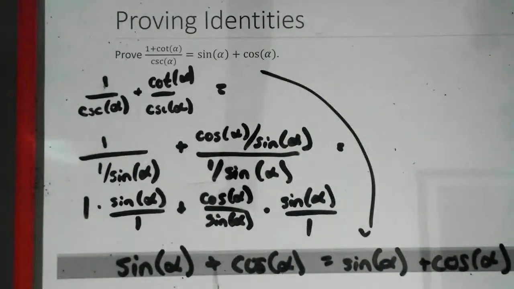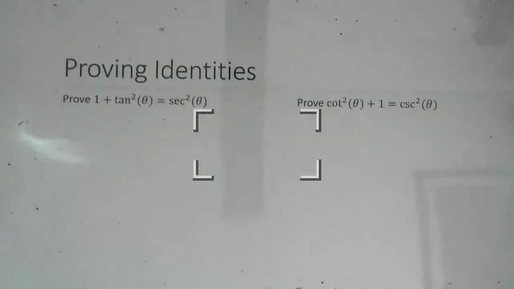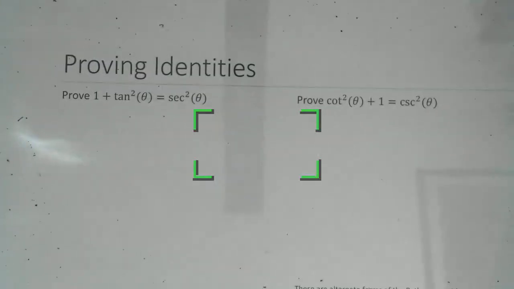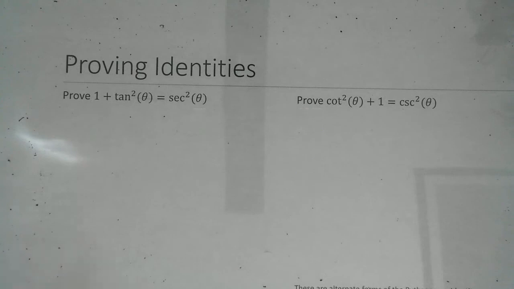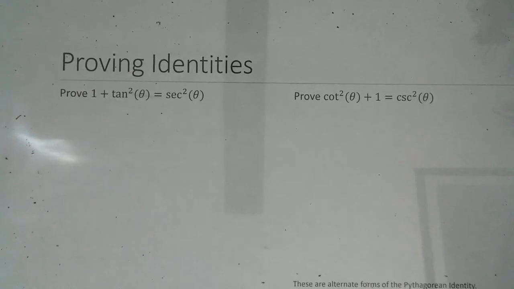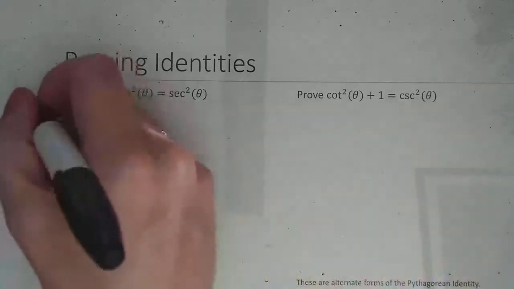Let's try another one. We're going to prove that 1 plus tangent squared equals secant squared. Those both look relatively harmless, but since there's a plus sign on this side, I'm going to work with that side. So I'll try switching from tangent into sine and cosine.